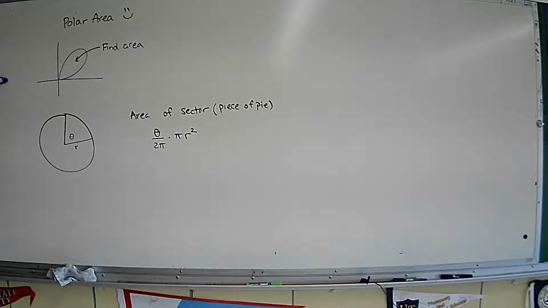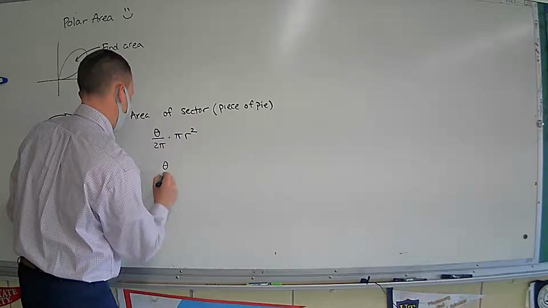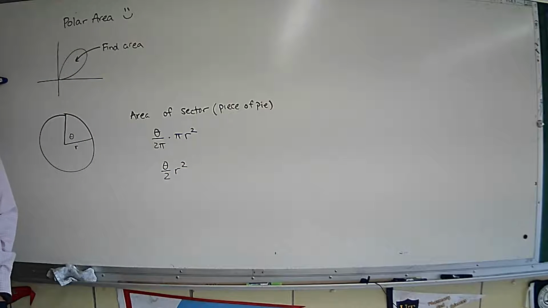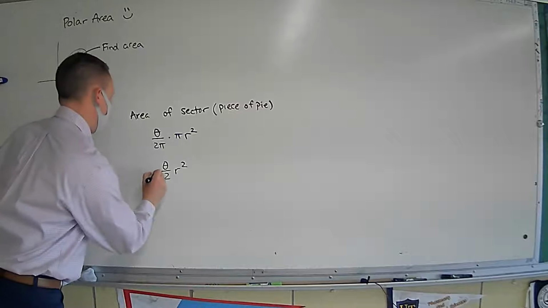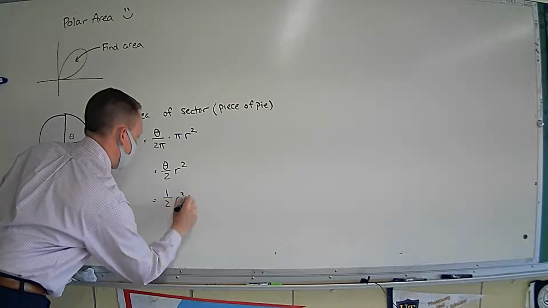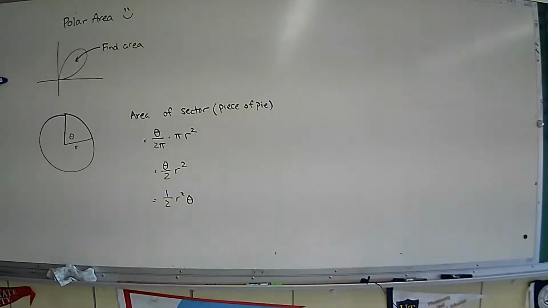Theta over 2 pi is the fraction of the whole circle, right? Which means these pi's would cancel, so that would be theta over 2 r squared. Or 1/2 r squared theta. Okay? So that's the area of a piece of pie of a circle. You guys agree with that?